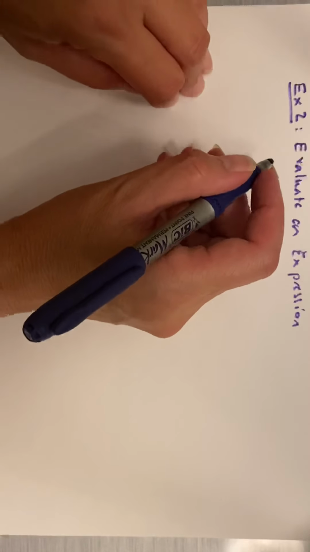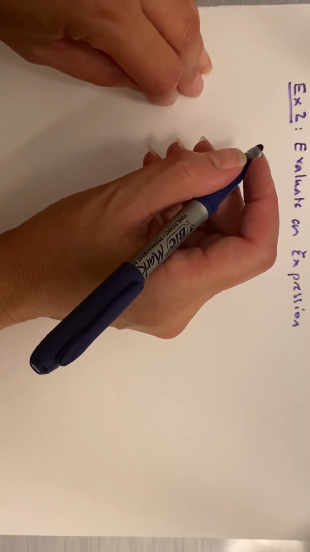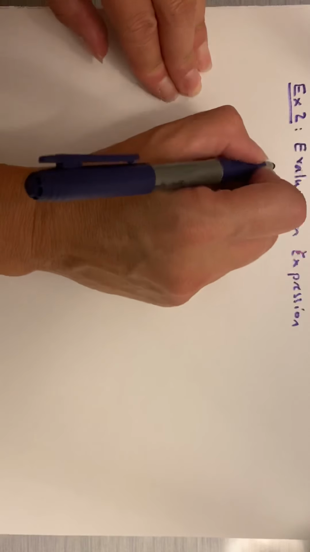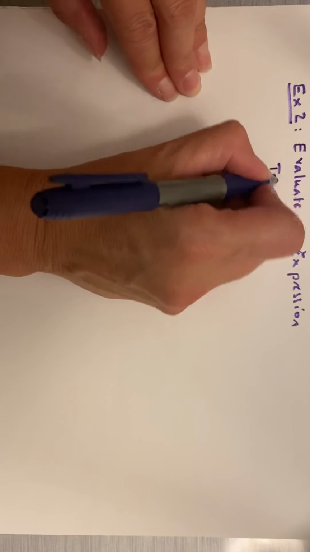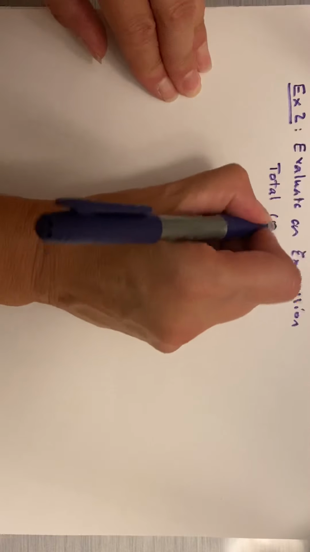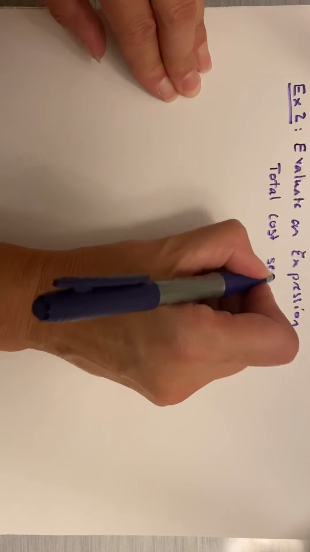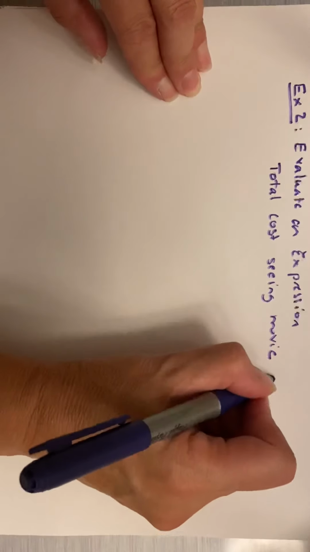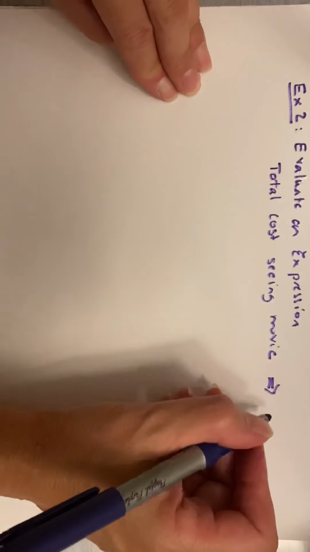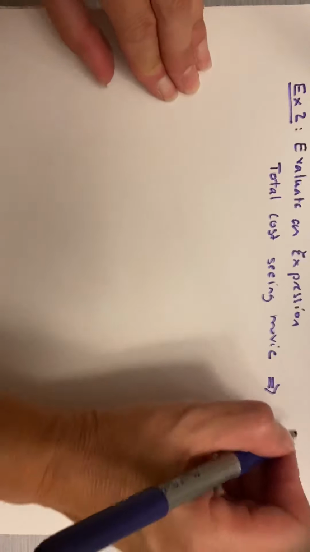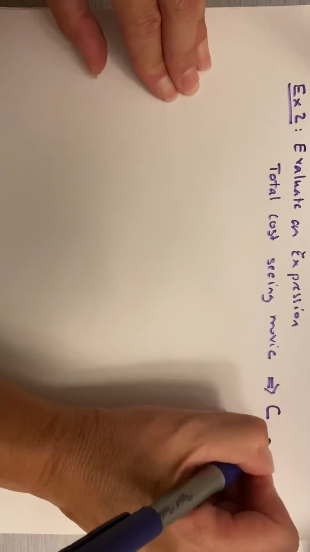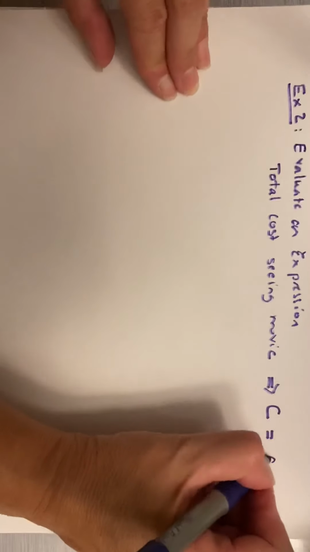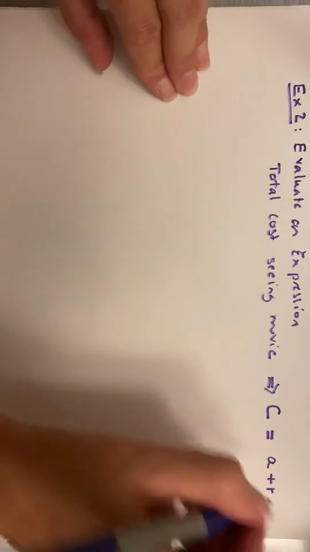The total cost of seeing a movie at a theater can be represented by the expression A plus R. So I'm going to abbreviate what I'm reading: total cost seeing movie, an arrow, and they're saying it's abbreviated as total cost, and we'll call that C, and they've told you that's A plus R. So this is an algebraic expression, right?